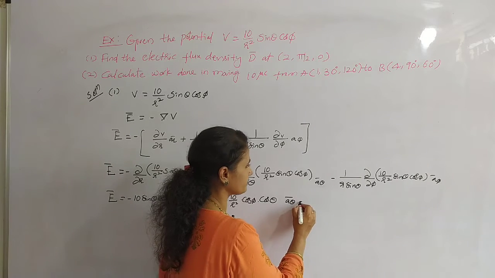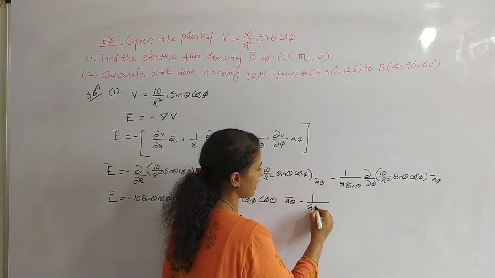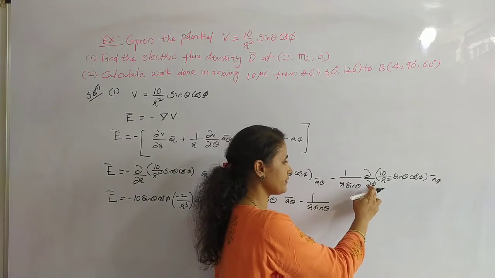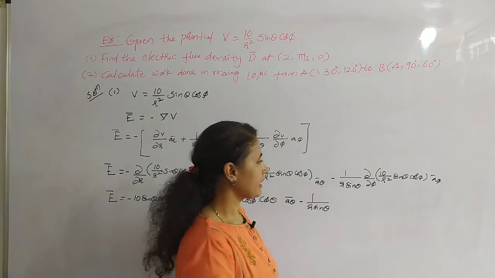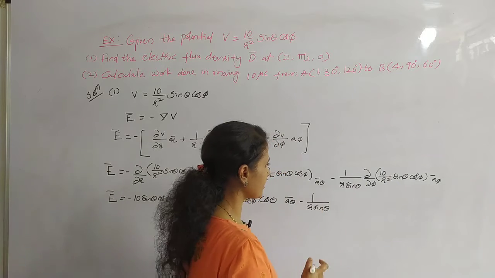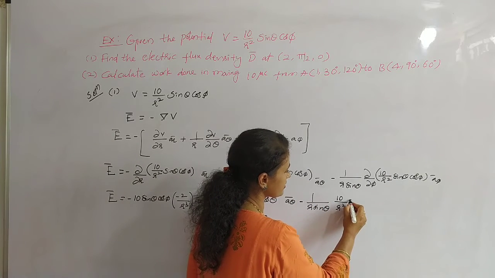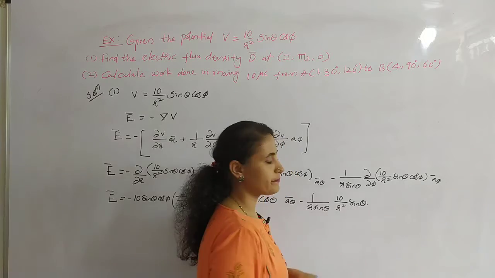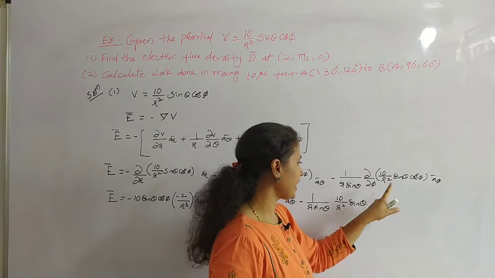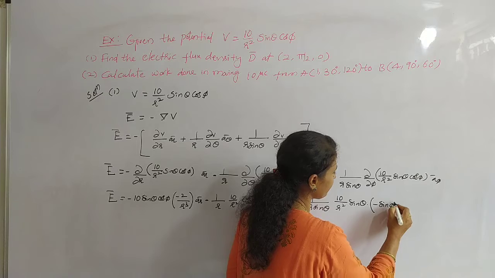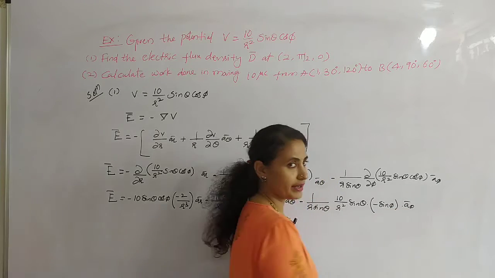Minus 1 by r sin theta. Here we have to differentiate with respect to phi. Take all the remaining terms as constants out of this differential term. So it is 10 by r square into sin theta. Differentiation of cos phi with respect to phi is nothing but minus sin phi, into A phi.